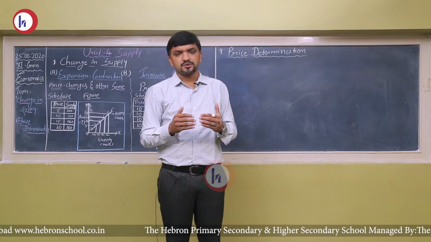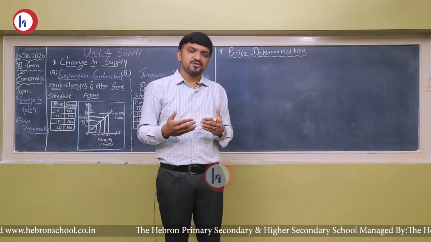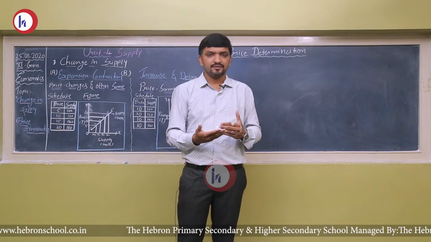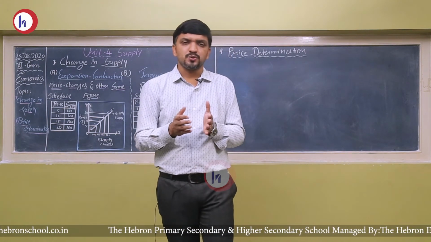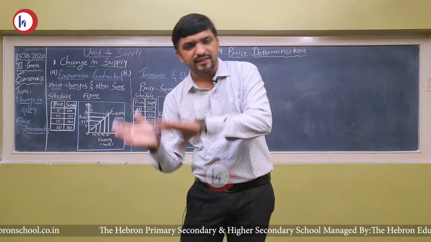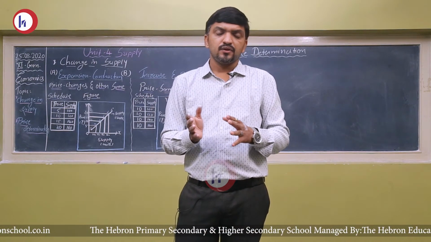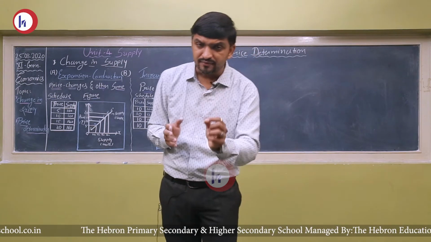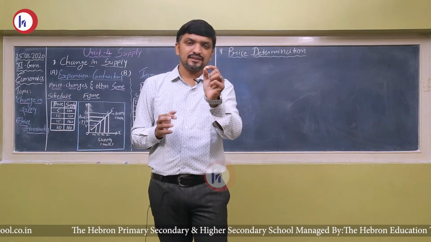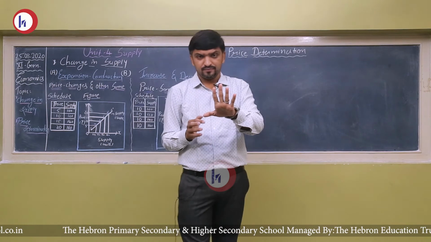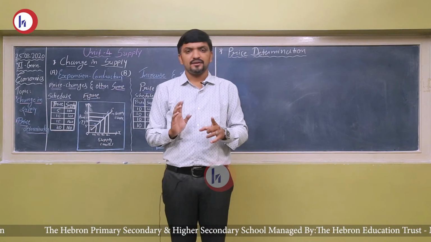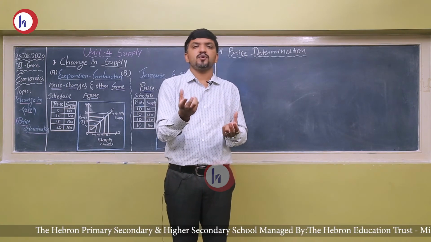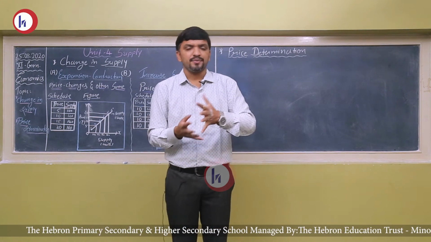But when it comes to an economist, a researcher, an academician, they analyze that price is actually decided by the two market forces, which are also known as two invisible hands, because they cannot be seen, but price is determined on the basis of that only, that is demand of a commodity and supply of a commodity.